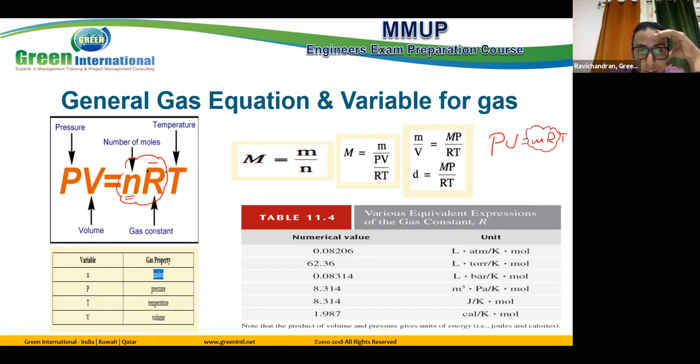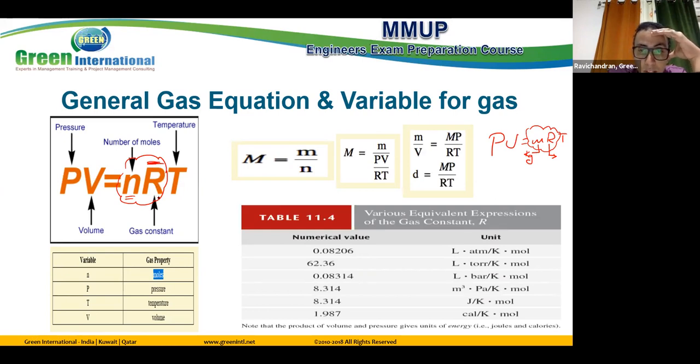But m is mass in kilograms, and this R is a specific gas constant. Specific means this value depends on the type of gas, so we check the type of gas to find the R value. But R bar is one value accepted for any type of gas.